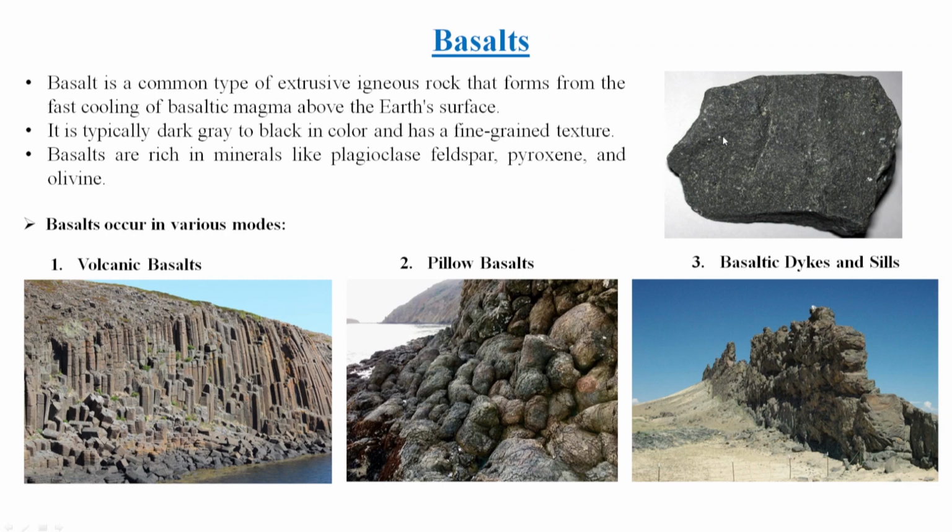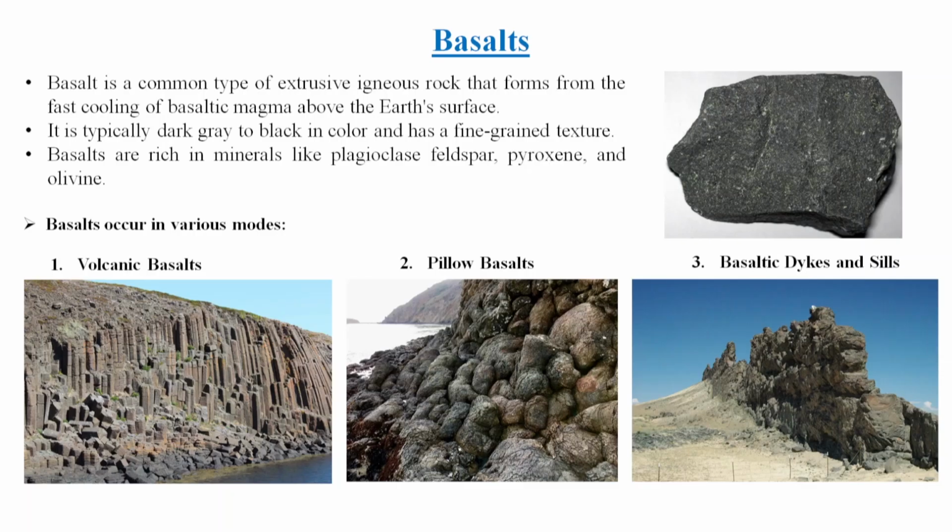Now coming to basalts, which constitute almost the complete oceanic crust present on the earth. Basalts are extrusive igneous rocks which cool down very fast. That's why they are typically fine grained, and rich in minerals like plagioclase feldspar, pyroxene and olivine.